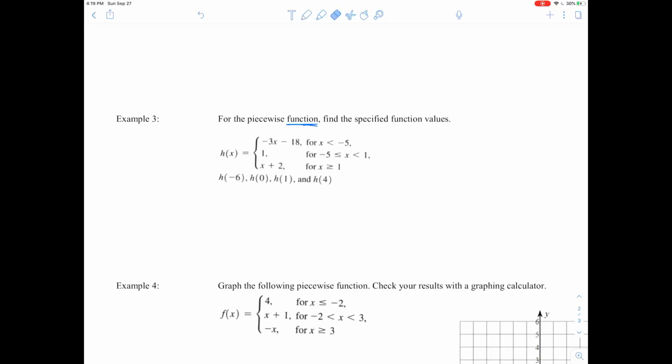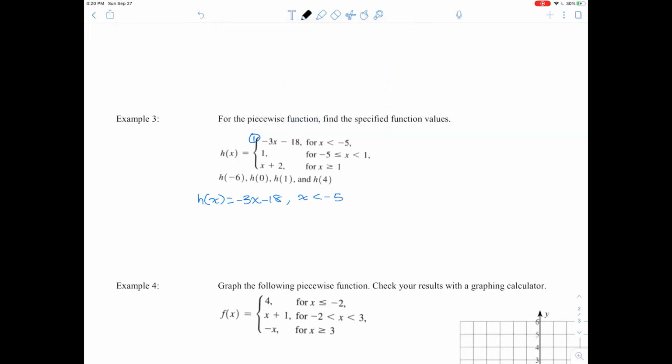So let's take a look at this, and I'm just going to color code here. It says for the piecewise function, find the function's values. So we have h of x equal to this first piece here. I'm going to call this piece 1. h of x is equal to -3x minus 18, but we have conditions here: only for x less than or equal to -5.